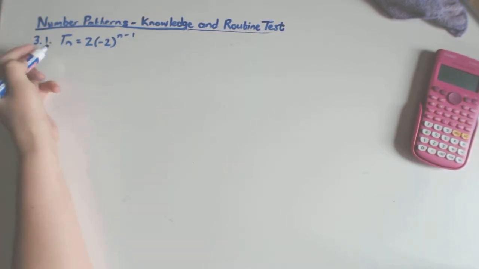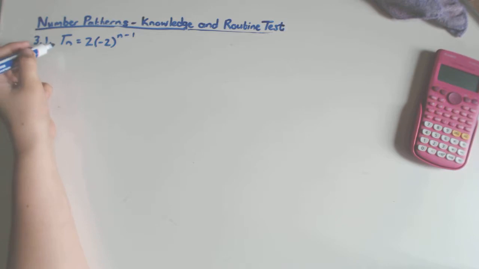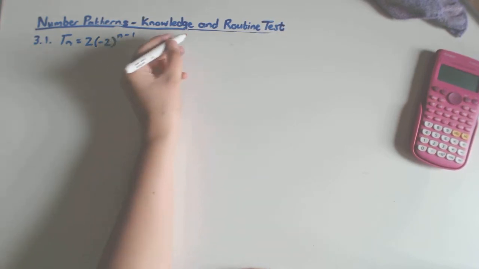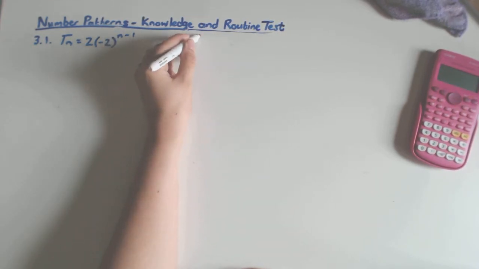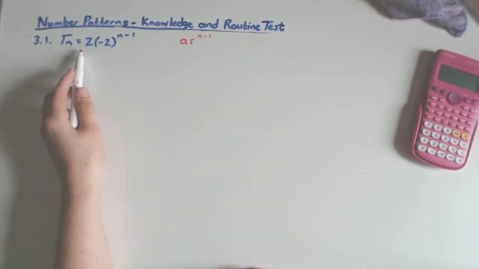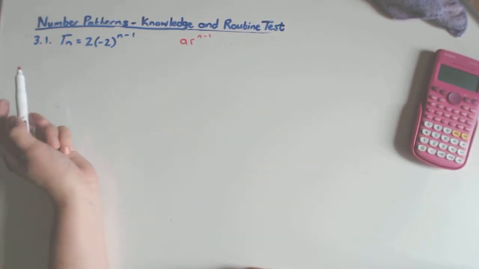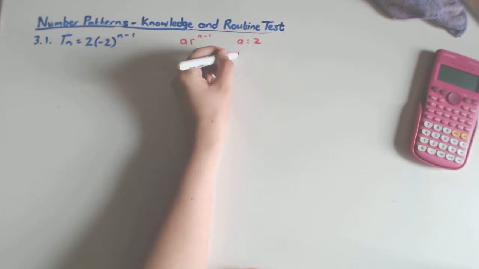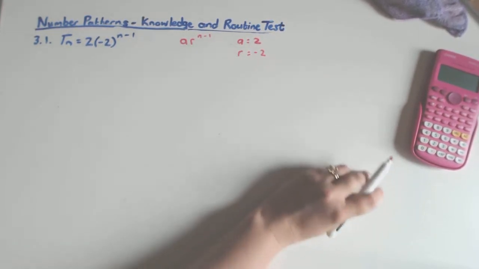Okay. Find the first 3 terms. Now I can immediately see, because I know my work very well, that this is AR to the power of n minus 1, which is the general form of a geometric pattern where my A value is 2 and my R value is minus 2.